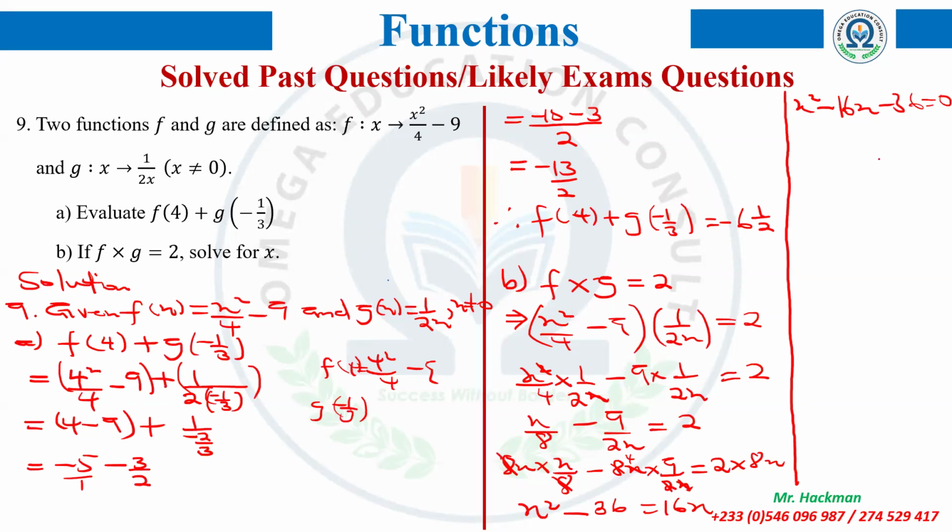Then you continue, then you solve. So you should be able to solve this. So you continue for me. Is that clear? So whilst we are going for our water break, you continue. When you come back, you tell me the answers that you had. We'll conclude with those answers. Thank you.